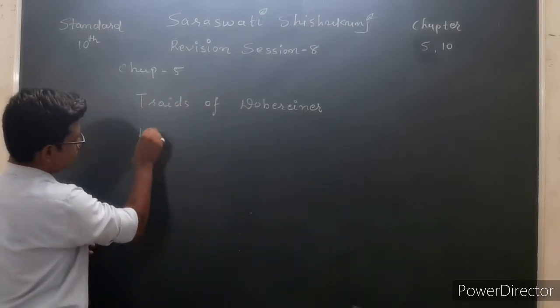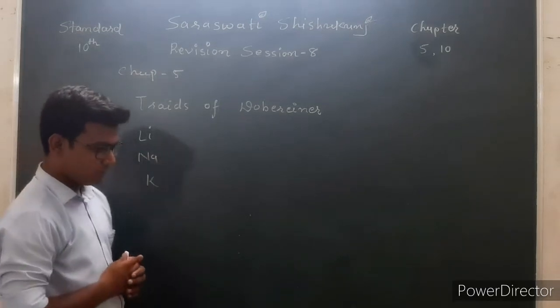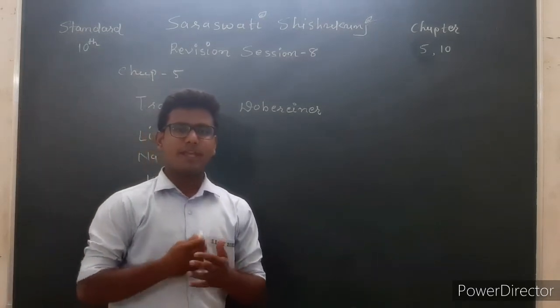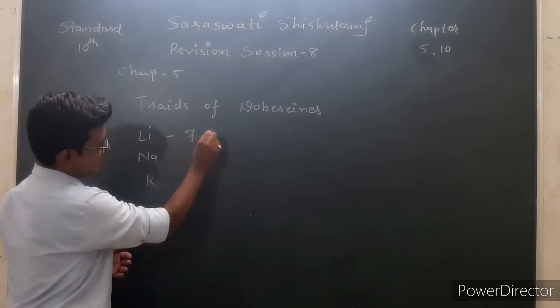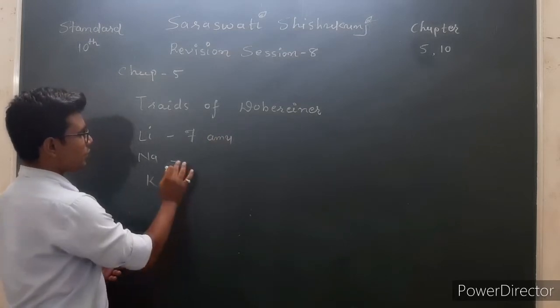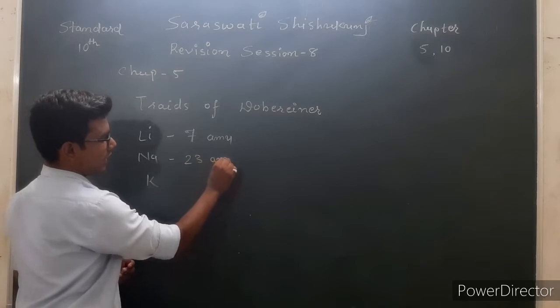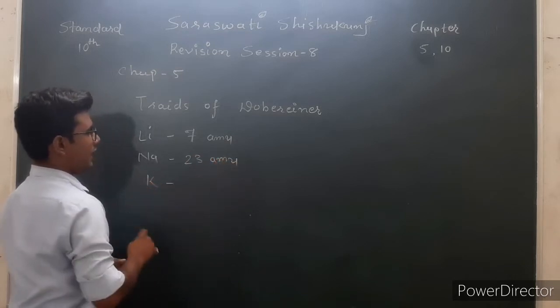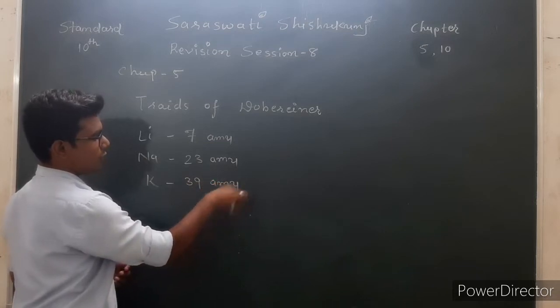If we take the group of lithium, sodium and potassium, the atomic mass of lithium is 7 AMU, the atomic mass of sodium is 23 AMU, atomic mass unit, and the atomic mass of potassium is 39 AMU.